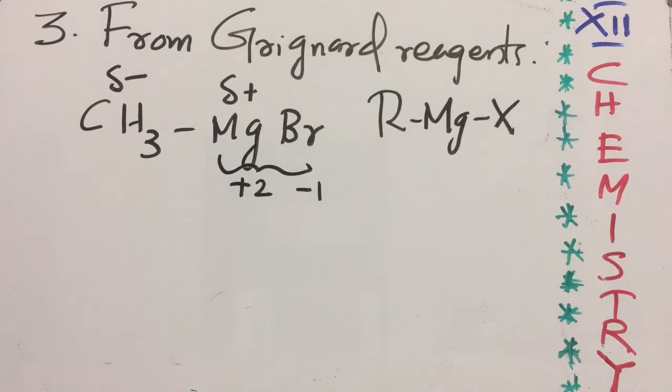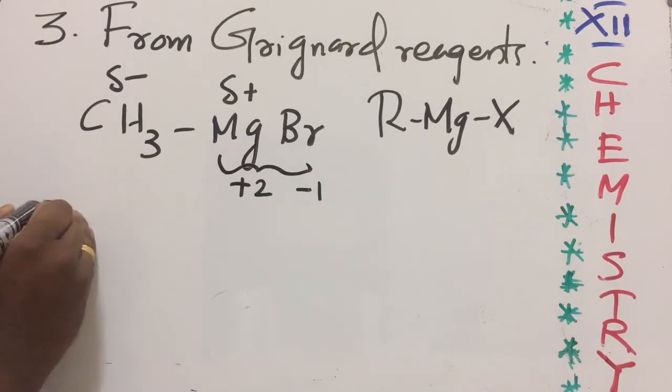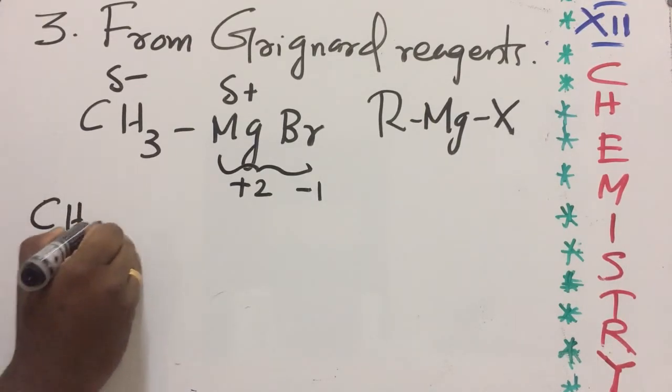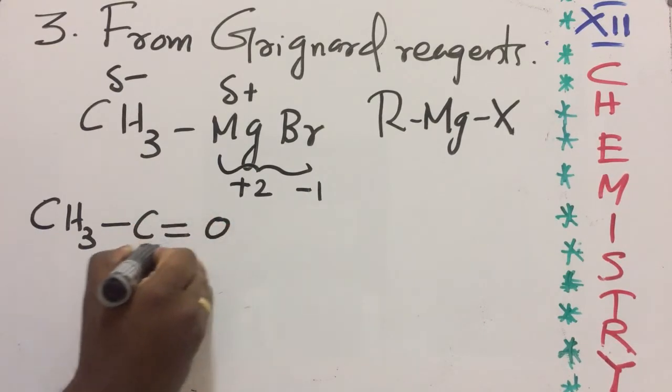Now let's see how to get alcohol from Grignard reagent. For example, CH3CHO is an aldehyde.